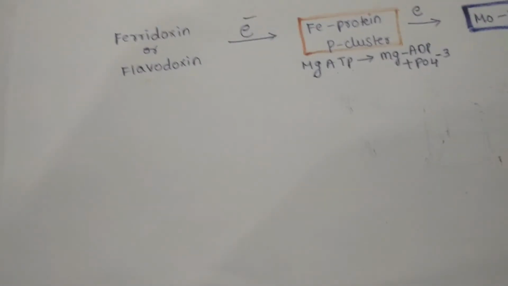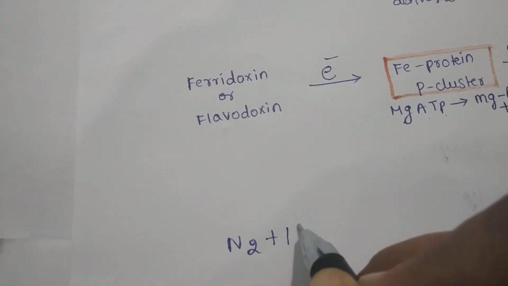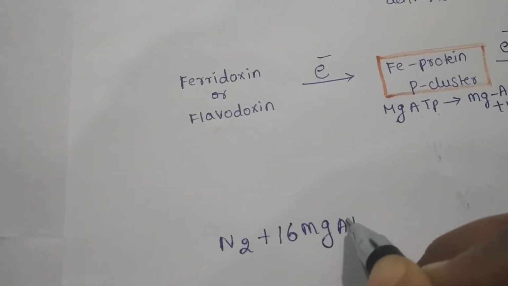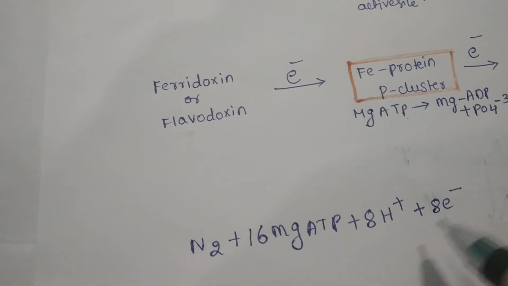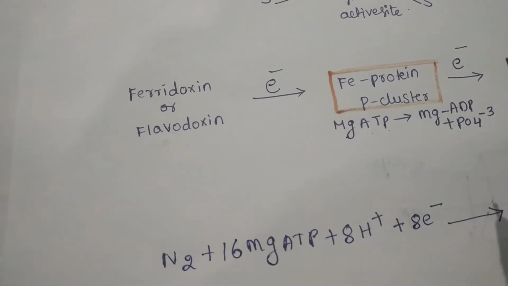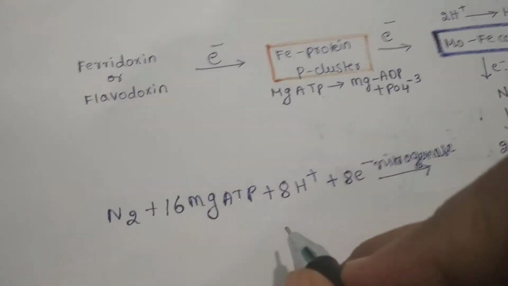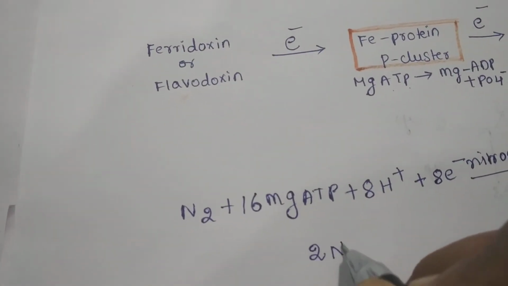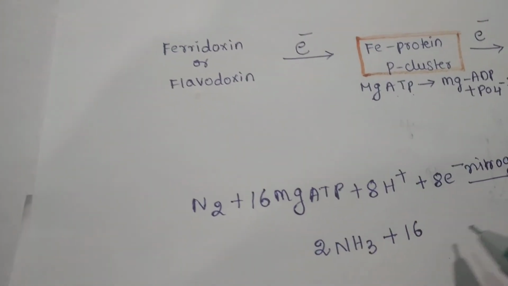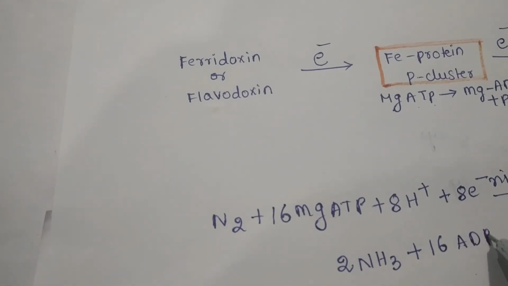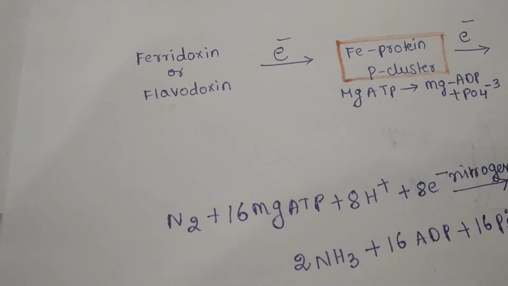So the overall reaction, the complete conversion of N2, is: N2 plus 16 MgATP plus 8H+ plus 8 electrons, in the presence of nitrogenase enzyme, gives 2NH3 plus 16 MgADP plus 16 inorganic phosphates plus H2.